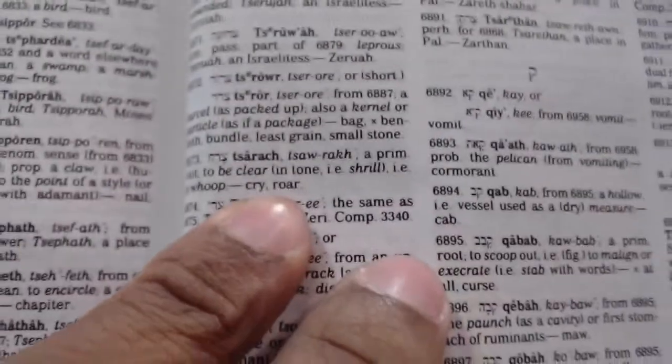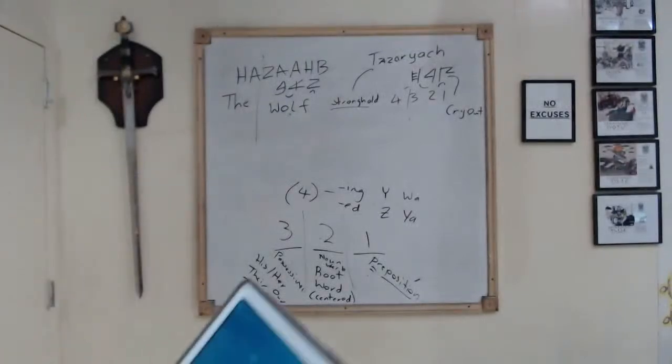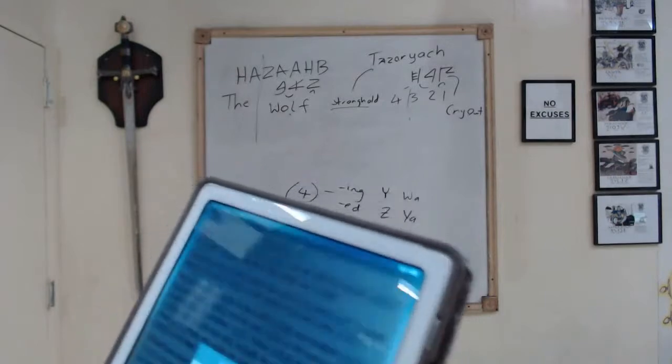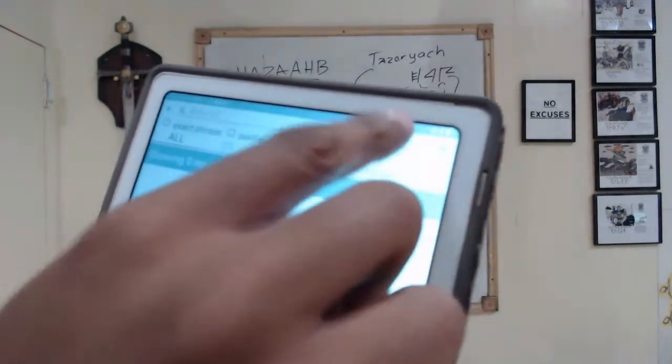All right? Good. Now, what we do here is concordance code 6873. You can sit down with it. What I'm gonna do is plug this into the Bible. 6873.